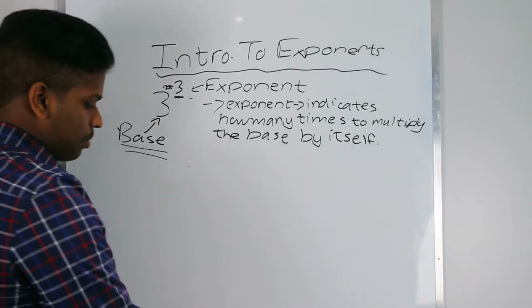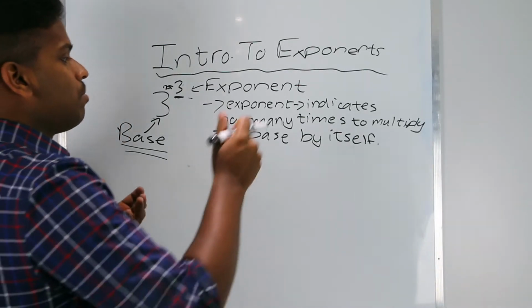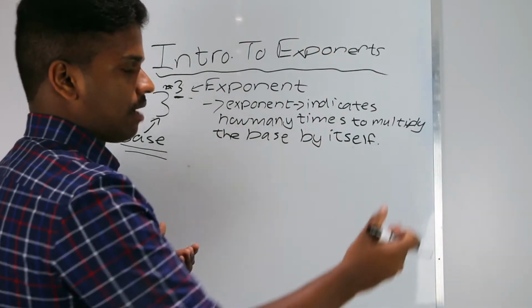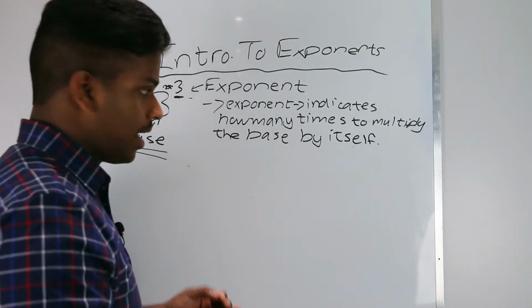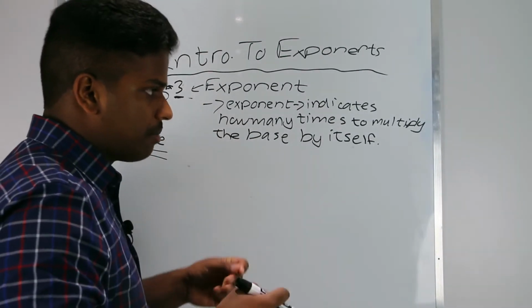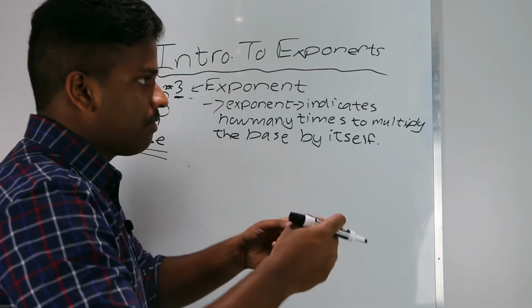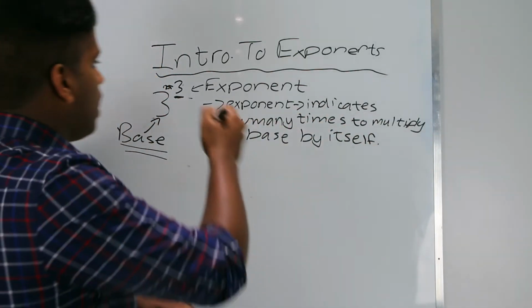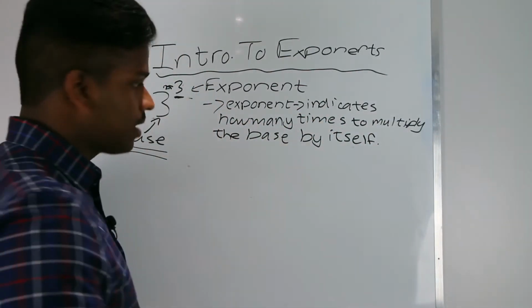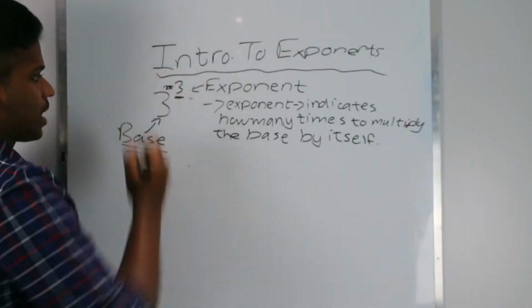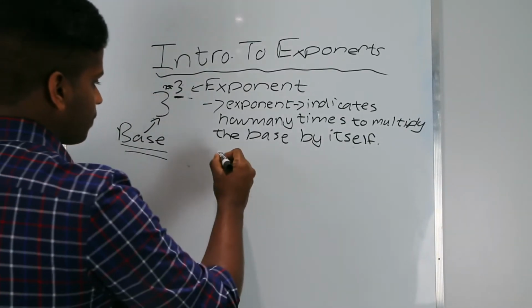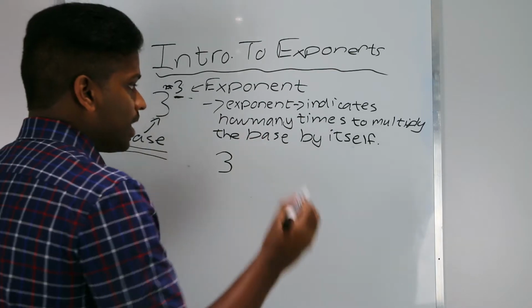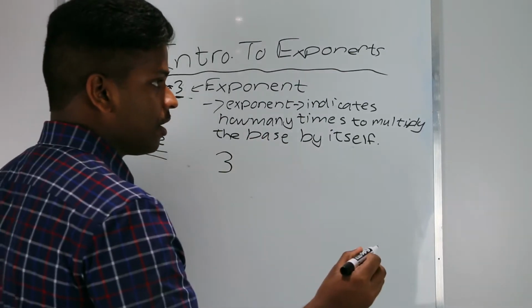But when we're looking at exponents, we are trying to multiply the base by itself. We're trying to multiply whatever the base is by itself, however many times as indicated by the exponent. So here, the base is 3, the exponent is 3. So we are multiplying the base by itself. How many times?